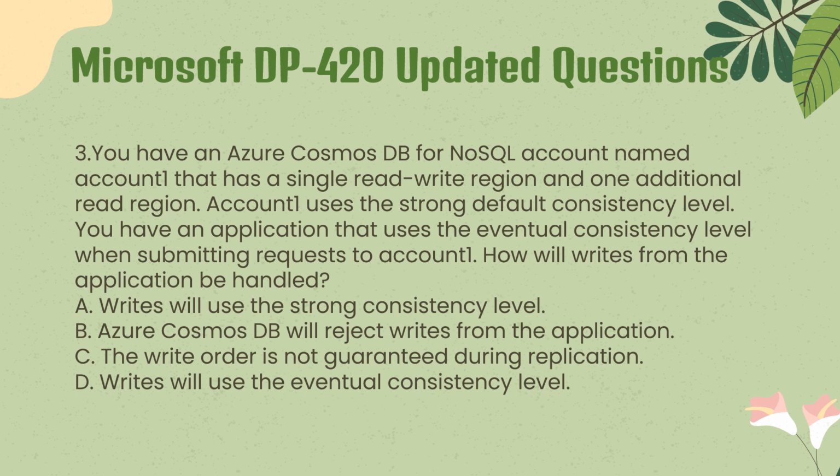How will writes from the application be handled? A. Writes will use the strong consistency level. B. Azure Cosmos DB will reject writes from the application. C. The write order is not guaranteed during replication. D. Writes will use the eventual consistency level.